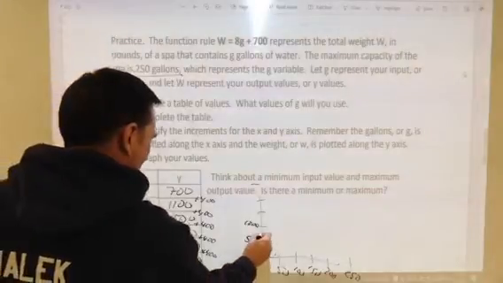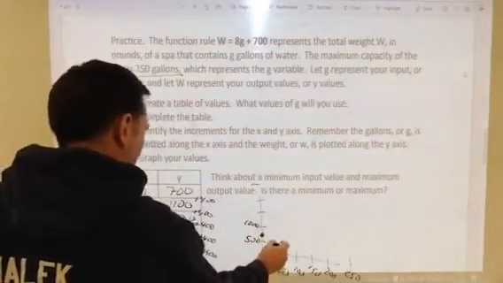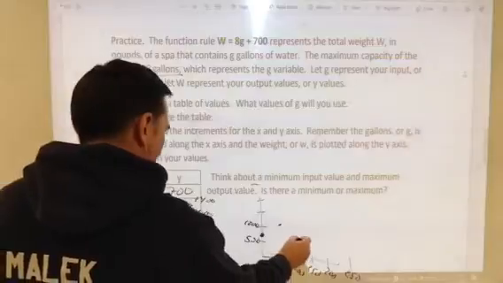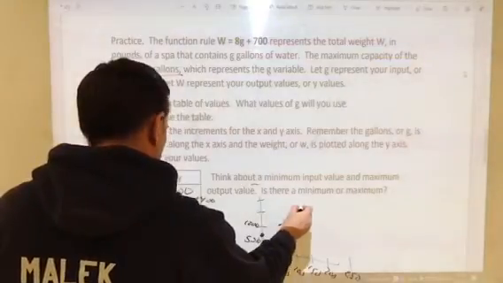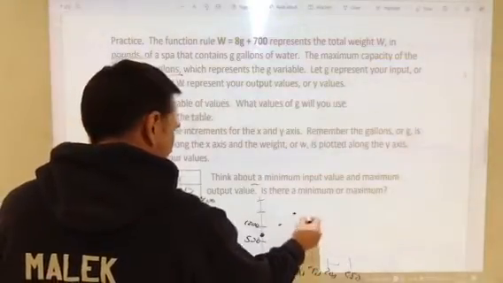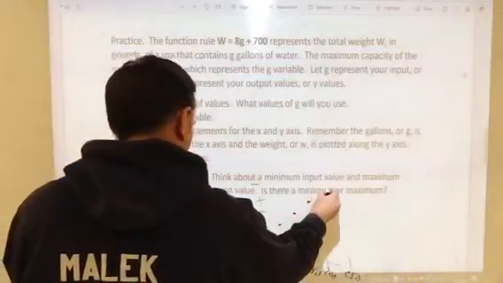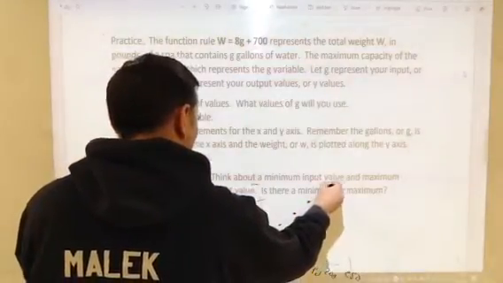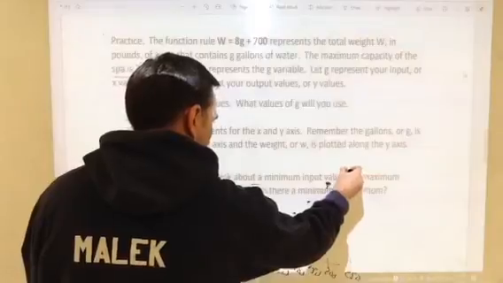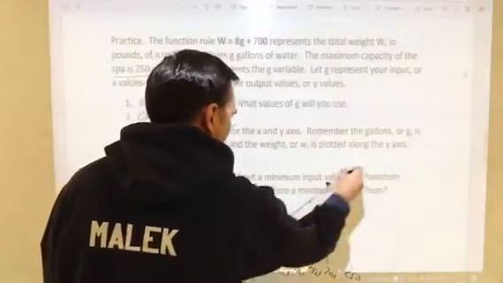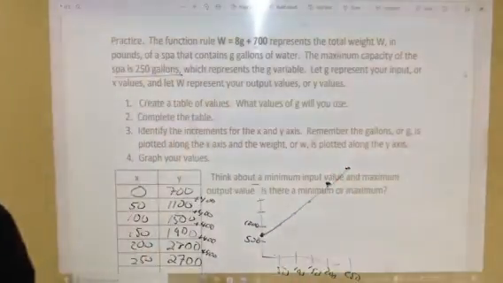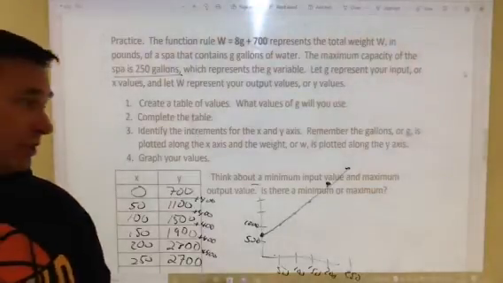And we can start graphing our information. You got 100, 150, 1900, 300, and 2700. And again, we can connect that with a line, and it will make a linear function.